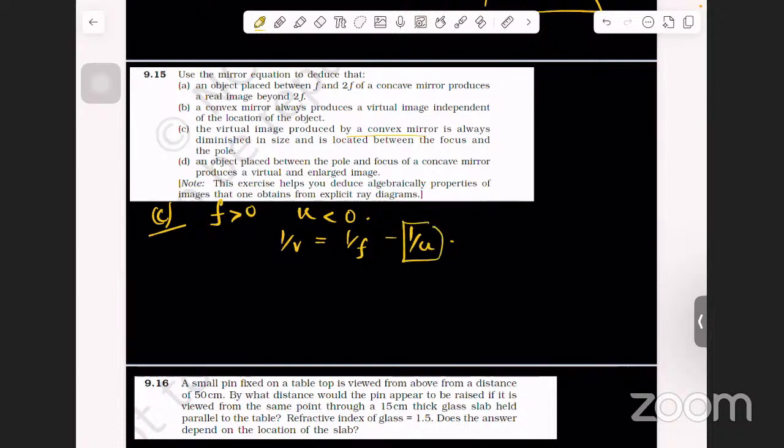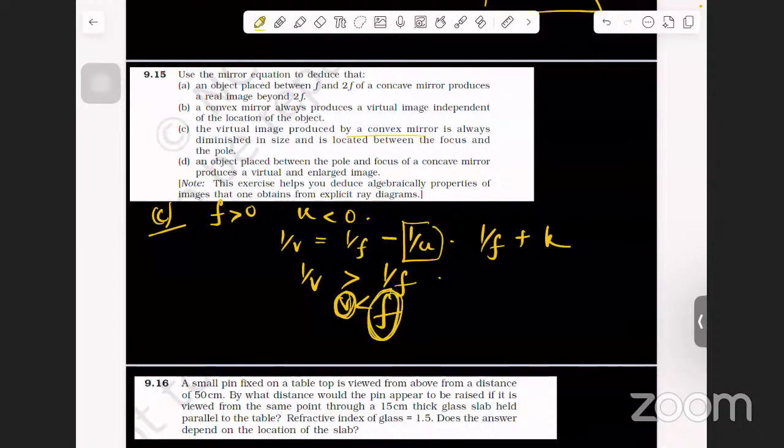This thing is negative, so minus of minus will be plus. So it is 1 by F plus something. Okay. That means 1 by V will be always greater than 1 by F, right? Or V will always be less than F. So the image will be formed less than the focal distance. That means image will be formed between the focus and the pole, isn't it?